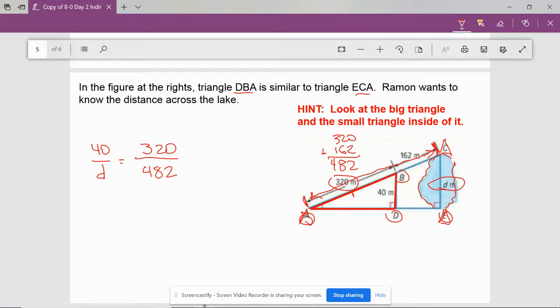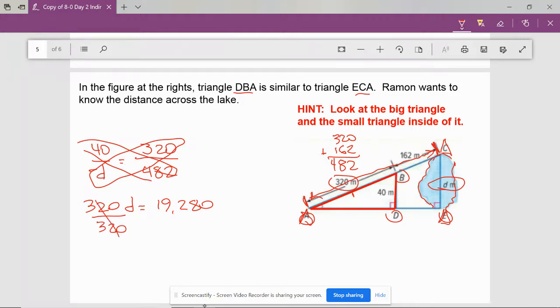As we set this up, we cross multiply from here. So we get 320 D is going to be equal to 19,280. We're going to divide by 320. So across the lake, we're looking for D, which is going to be 60.25, and that is meters.